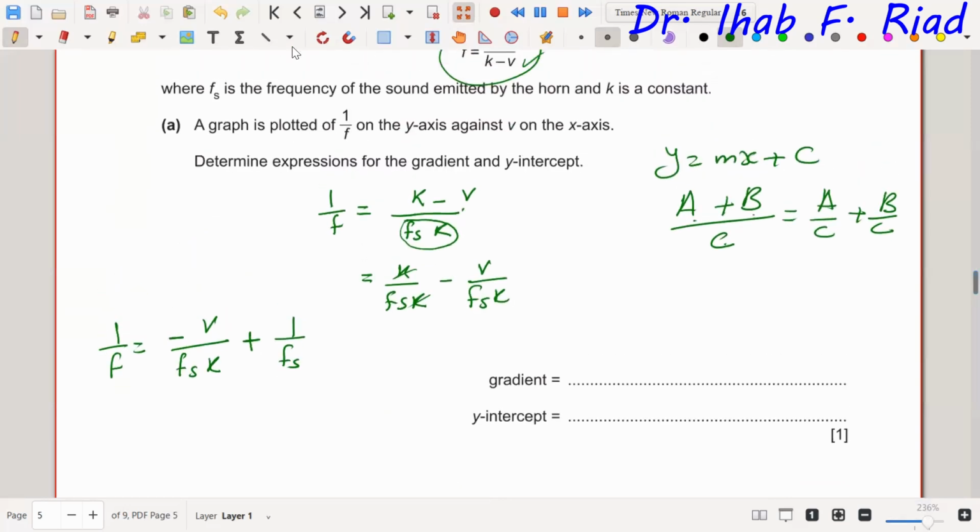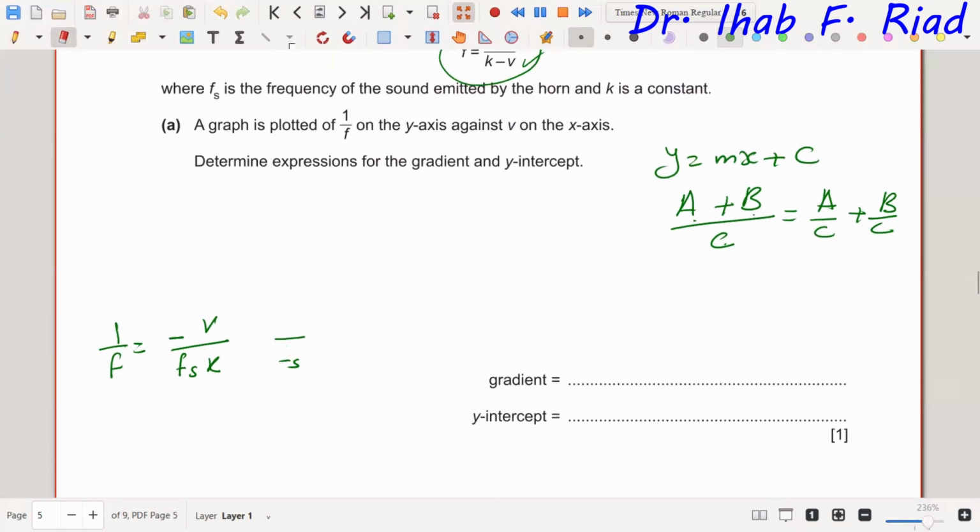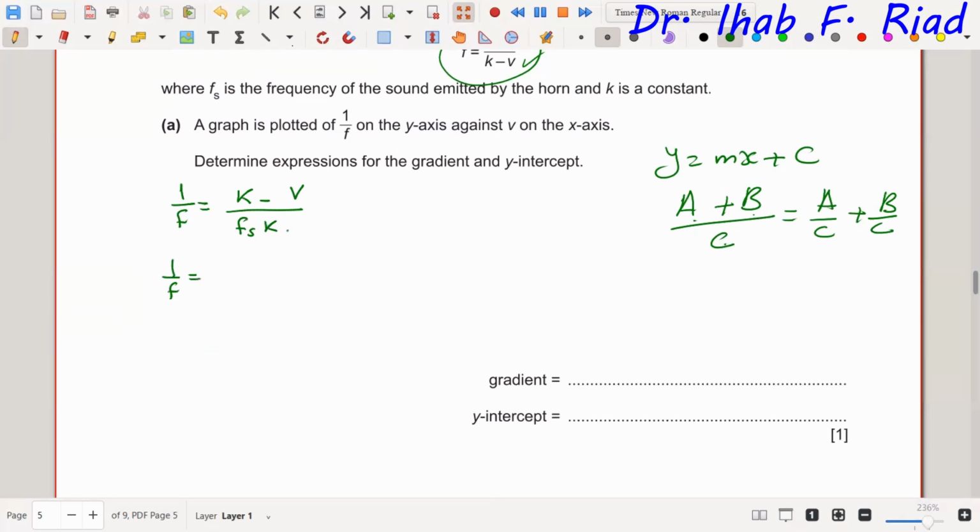Let me write it better. 1 over F is equal to K minus V divided by Fs K. So 1 over F is equal to minus V divided by Fs K plus K divided by Fs K. Those go away.